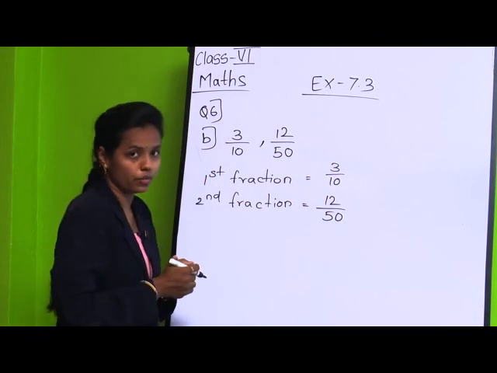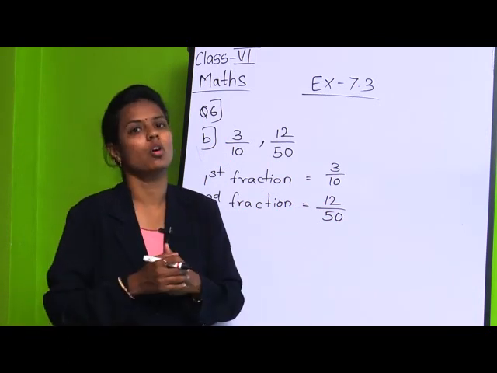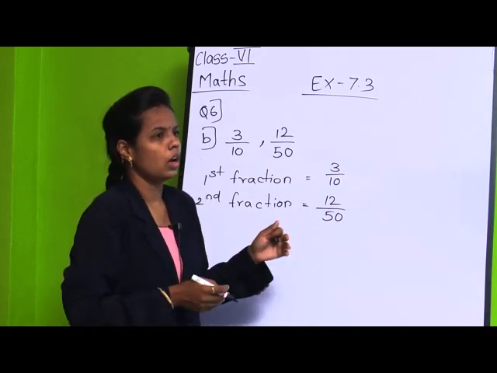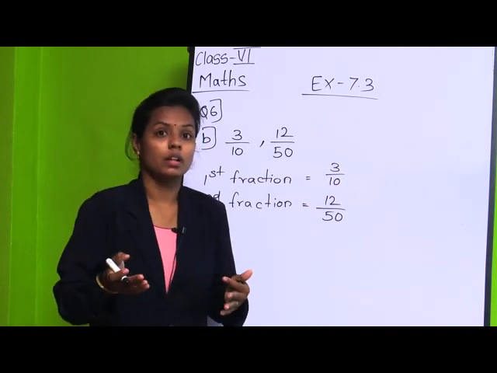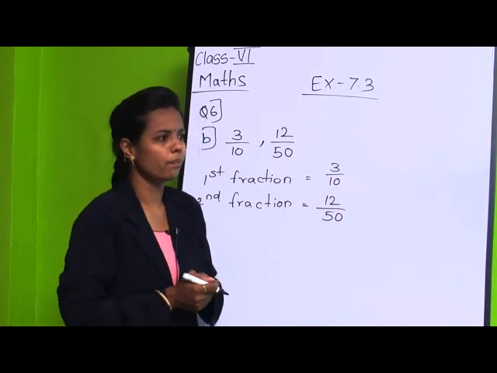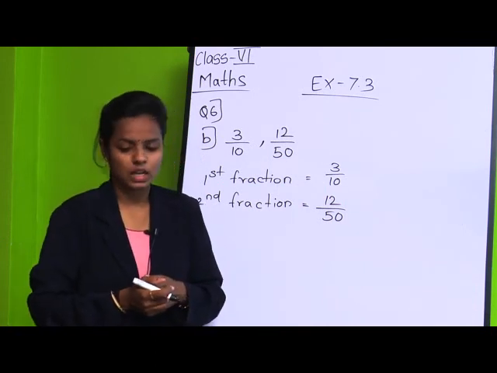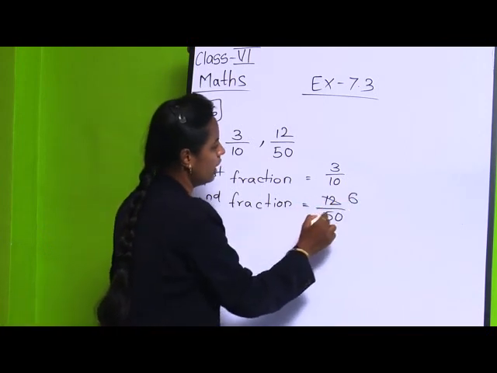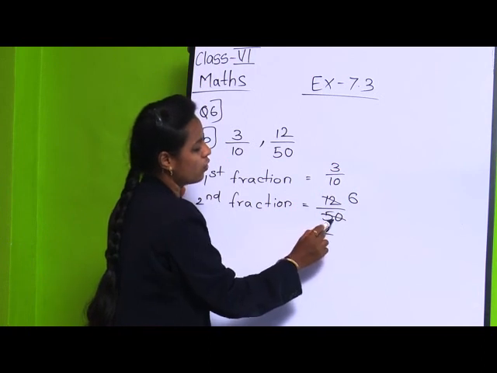Okay. Now, we need to find whether these both go in any particular table or not. So, 12 and 50, can they go in any one table? 2's table? We can check it. 2 6s are 12, 2 2s are 4, 5 minus 4, 1 is remaining.